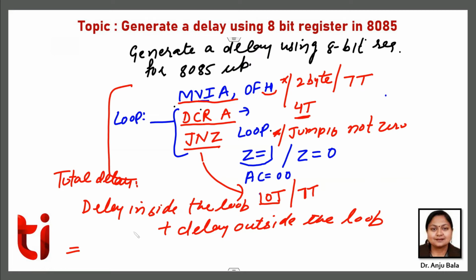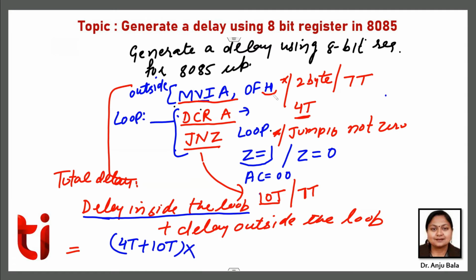Firstly, we are finding the delay inside the loop. The decrement and jump instructions are inside the loop and the MVI instruction is outside the loop. So the delay inside the loop: we have 4 T states and after that 10 T states, and these T states are repeated 15 times. Take care here: you have to convert the hexadecimal number into decimal.